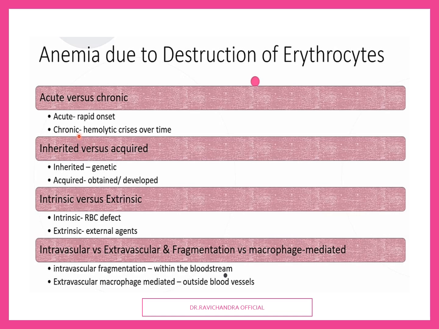Intrinsic versus extrinsic: intrinsic is because of RBC defects, whereas extrinsic is because of external agents that are causing anemia. Intravascular versus extravascular, and fragmentation versus macrophage mediated. Intravascular fragmentation happens within the bloodstream, whereas extravascular macrophage mediated destruction is outside the blood vessels.